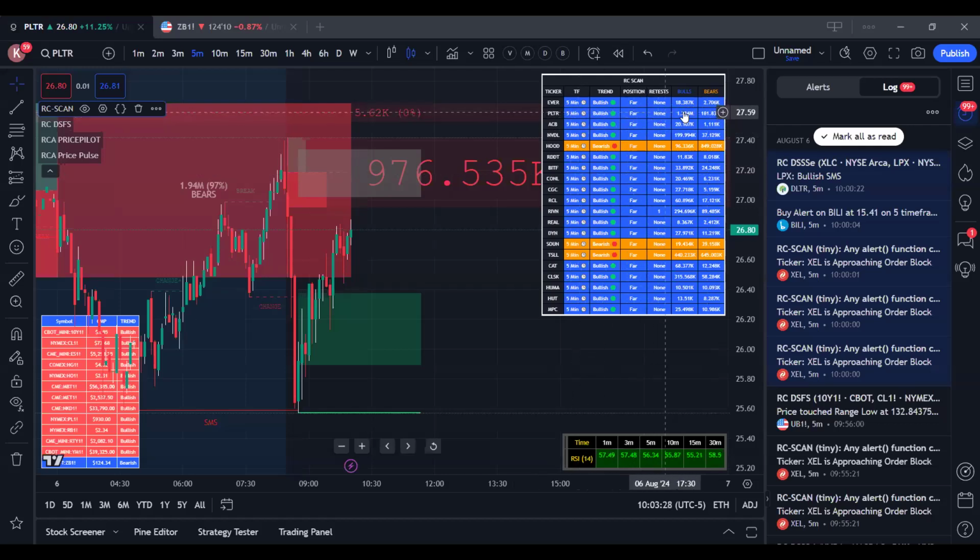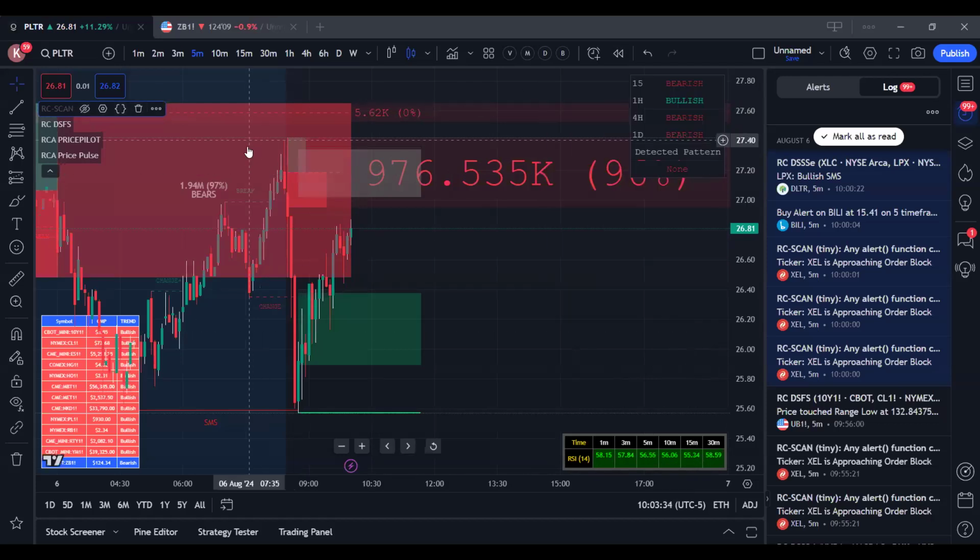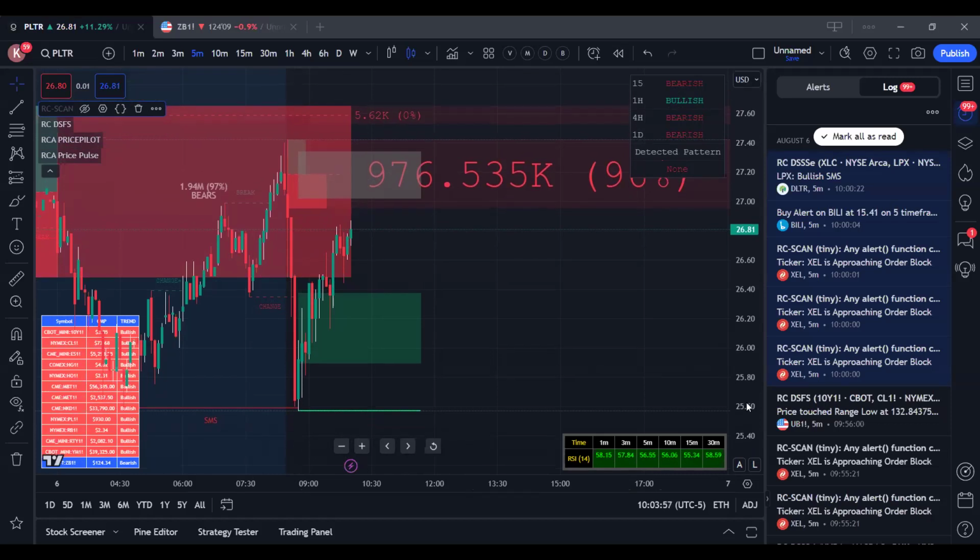The scanner gave it as bullish and showed a huge difference in the buyers and sellers. Second reason, it came to the bottom. Our other scanner showed PLTR in green. The third reason, your Price Pulse and Price Pilot have shown some huge buy order blocks. Your RSI was completely green. Because of so many reasons, we were confident that this would move up.